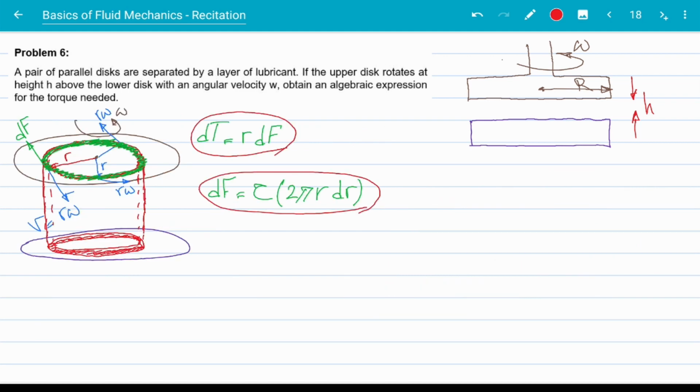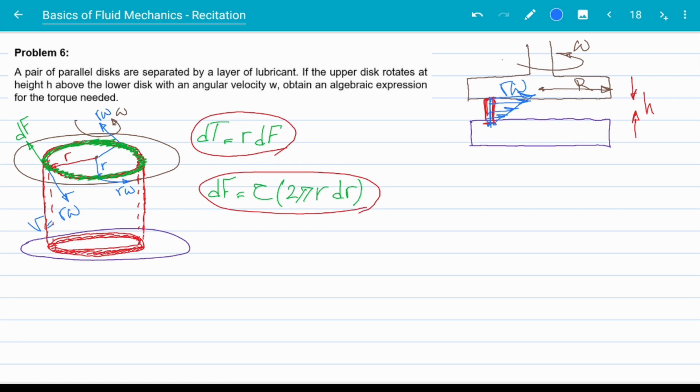Okay, so I'm going to focus on my shell element here in the gap, right? I know that the top of the fluid element is moving with the velocity rw. The bottom is not moving, it's stationary. So assuming a linear profile, I have this. I can find the equation for this linear velocity profile. We've done it before in the past two problems, so I'm not going to do it in detail again.